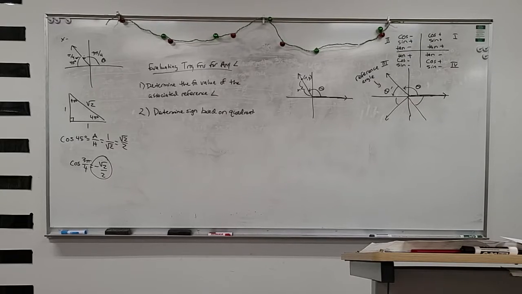So which one did we just do? 69. So we said negative square root of 2 over 2. Yeah, this is the right one. Alright, let me try again. Study guide, there we go.